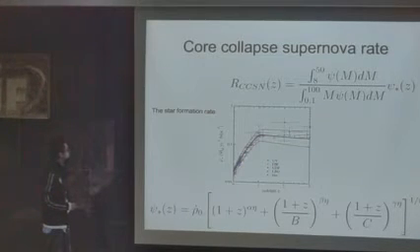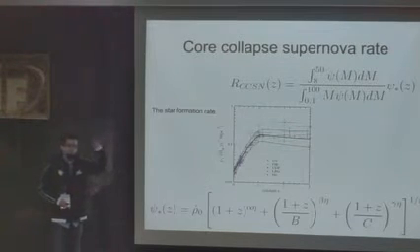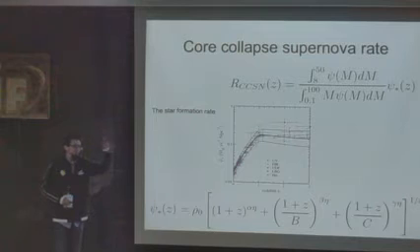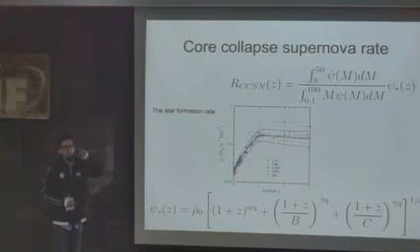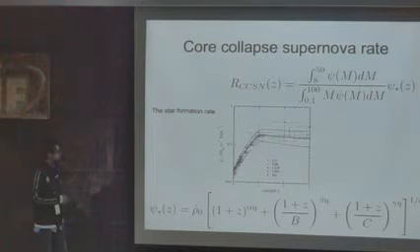You can look at a galaxy, put your telescope, and start to count how many stars are there, and from that you can infer the number of stars that you can see as a function of the redshift, and then you can know what is the star formation rate of supernovas observationally.